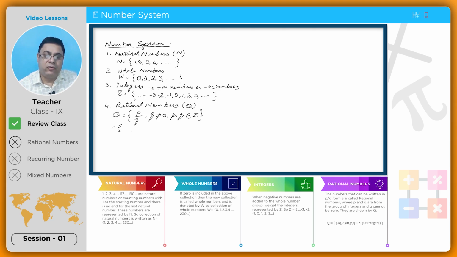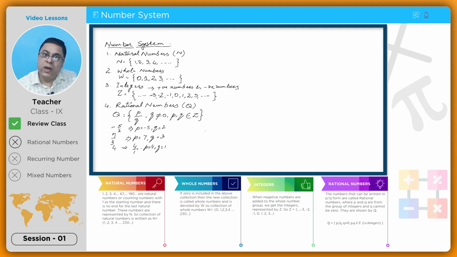So minus 5 by 2, for example, where p is equal to minus 5 and q is equal to 2, is a rational number. Similarly, 7 upon 3, where p, the numerator part, is 7 and q, the denominator part, is 3. Only 4 is also a rational number, which can be represented as 4 upon 1, with numerator p equal to 4 and denominator q equal to 1. An interesting point is that 0 is also a rational number.